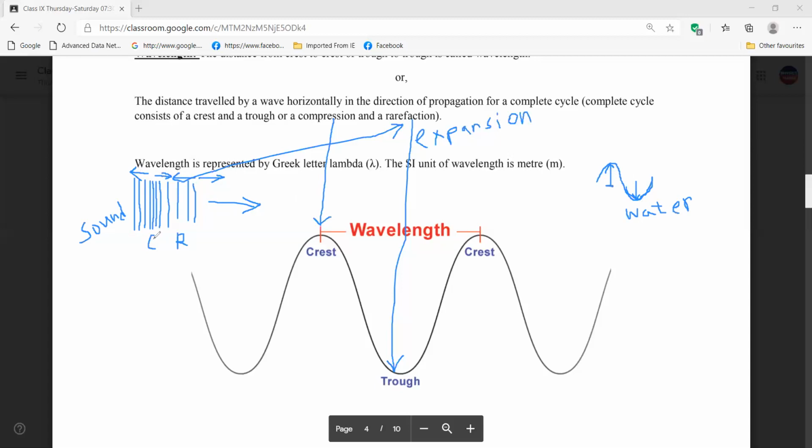We are getting compression and rarefaction here. Compression is similar to crest and rarefaction is similar to trough. Rarefaction means expansion of air columns. Farabi, are you writing now? Yes, sir.